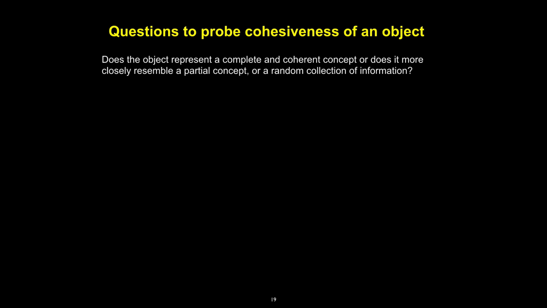Right, so a lot of these are pretty standard questions. Does it represent some sort of concept or not? Presumably some of you had an undergraduate OO course, and usually they'll talk about how you find classes and objects.